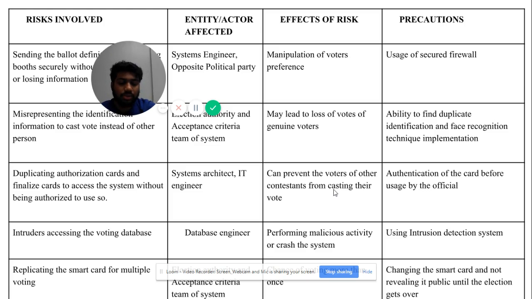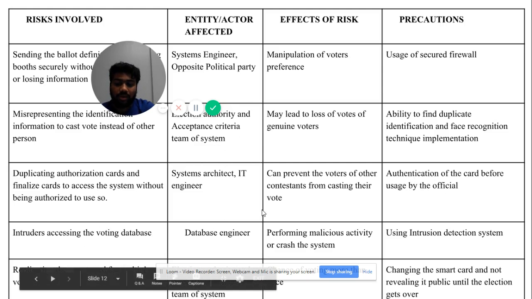So it might be a huge loss and data loss. The precaution we have come up with is authentication of the card before usage by the official. So the proper official should be used for the card usage, and no other people should be using it. So that should be properly authenticated.